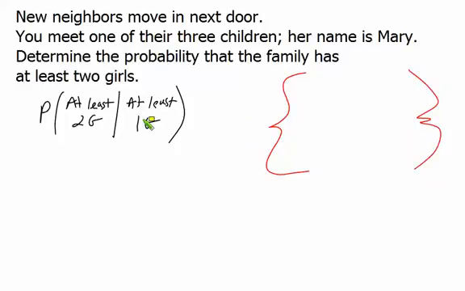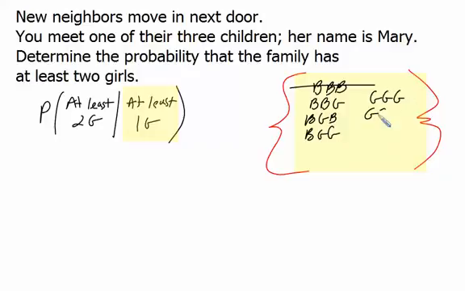The sample space, again, is only going to be divided by the outcomes that have at least 1 girl of the 3. So, we could have boy, boy, boy. Actually, that doesn't work because we need 1 girl, so we can scratch it. We could have boy, boy, girl; boy, girl, boy; boy, girl, girl. We could have girl, girl, girl; girl, girl, boy; girl, boy, girl; and girl, boy, boy.